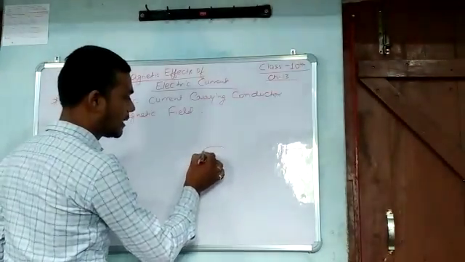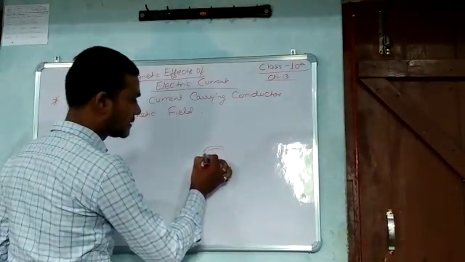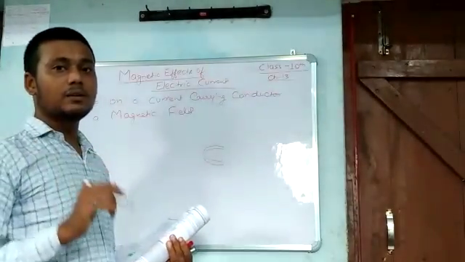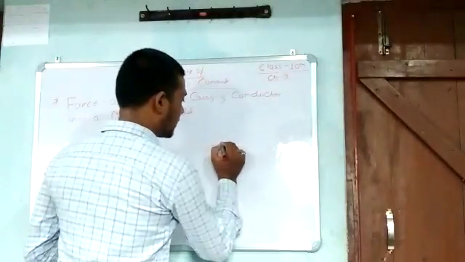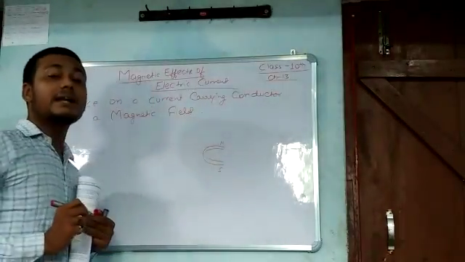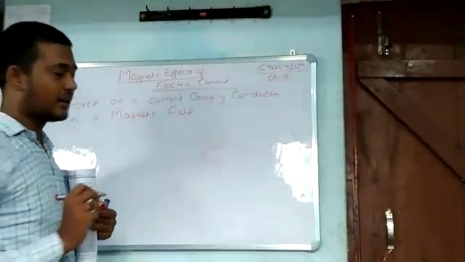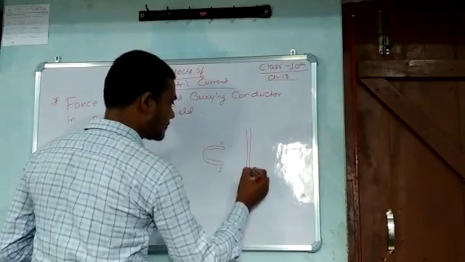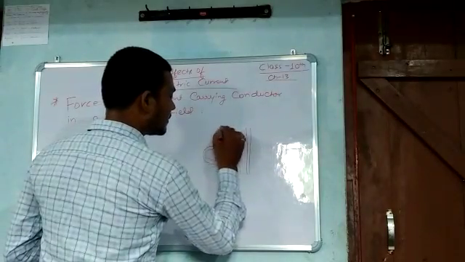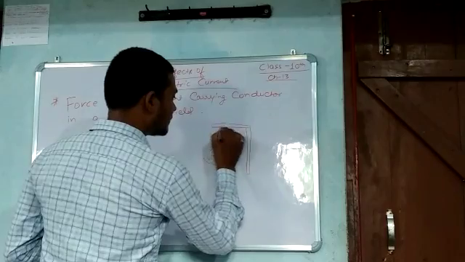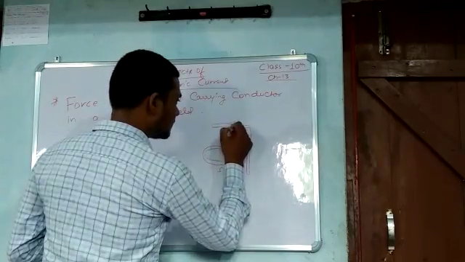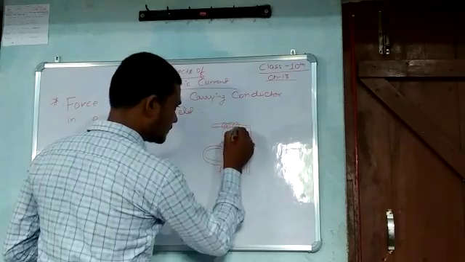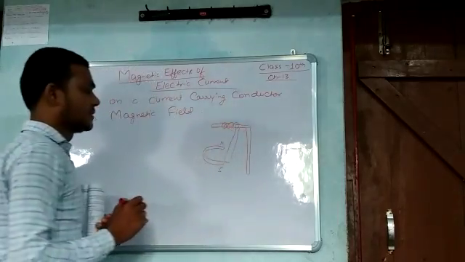a horseshoe magnet is placed perpendicular to a current carrying conductor. So let us see how. So this is a stand where this rod is placed.